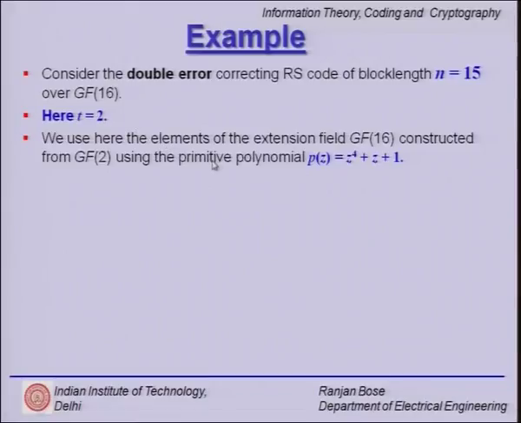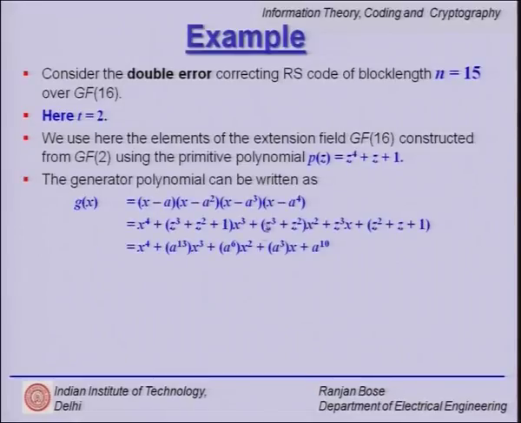Now, we have to construct GF(16), so we can use this primitive polynomial to construct it, and g(x) can be written as the linear factors. Now, t is 2, so 2t is 4, so we have (x minus alpha), (x minus alpha squared), multiplied with (x minus alpha cubed), multiplied with (x minus alpha raised to power 4).